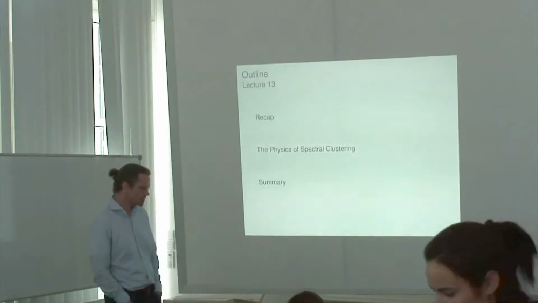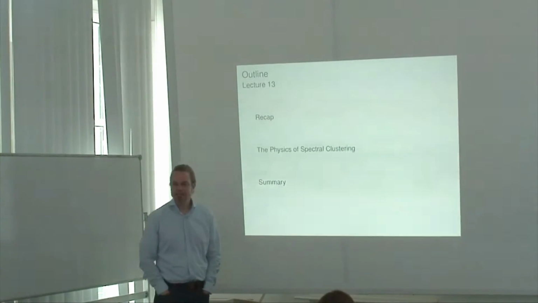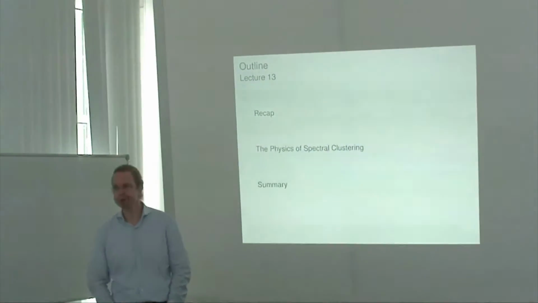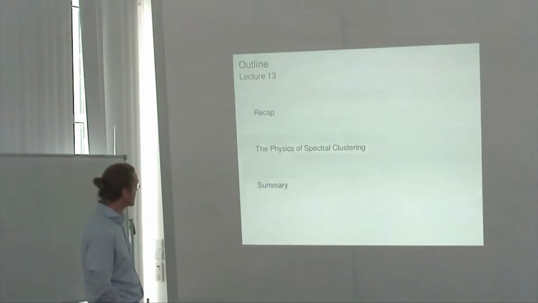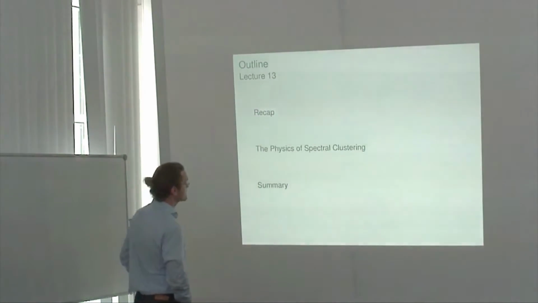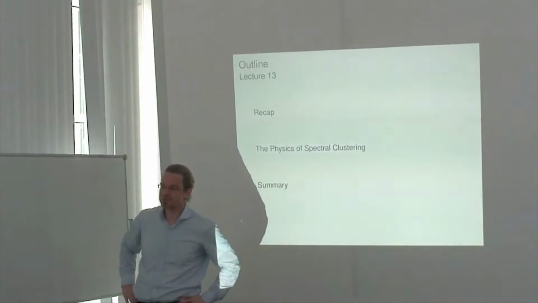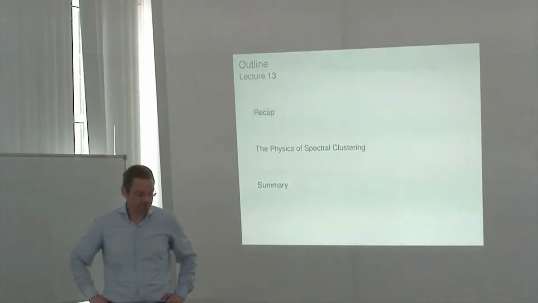So 2 lectures ago we met the idea of spectral clustering, and then in the last lecture we spent some time on basic mathematics, and today we will make use of that mathematics in order to understand the physics behind spectral clustering. And once we are through with that, you are one of the few people on the planet who understand what you are doing when you are doing spectral clustering.